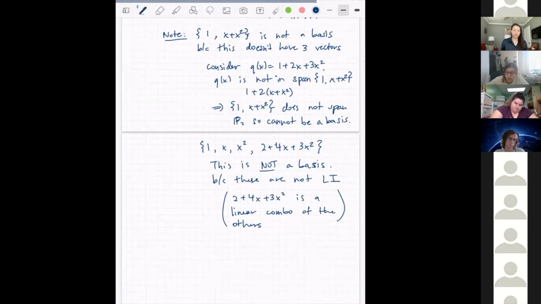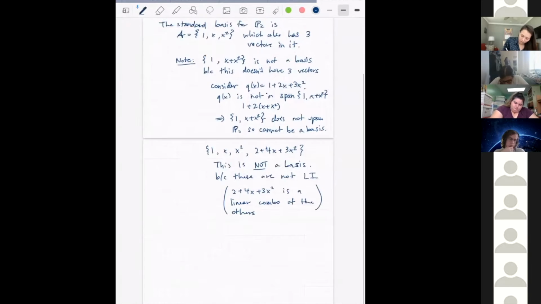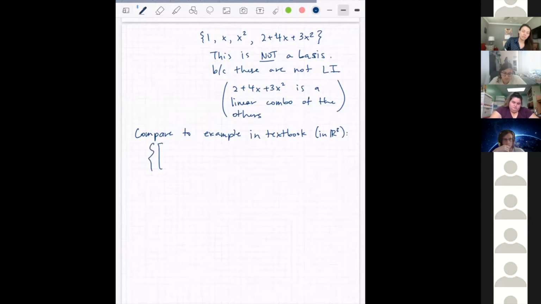Just to compare, there is an example in the textbook, in R3, where they look at some collections.